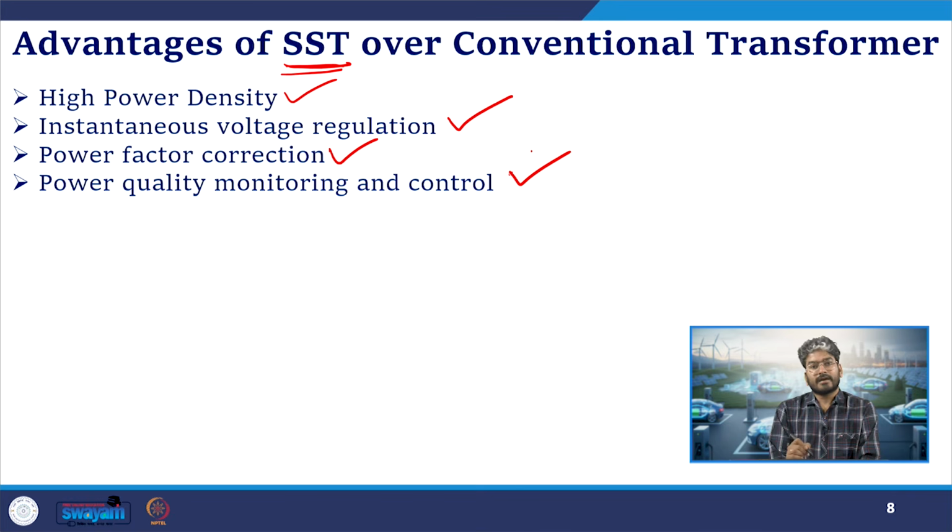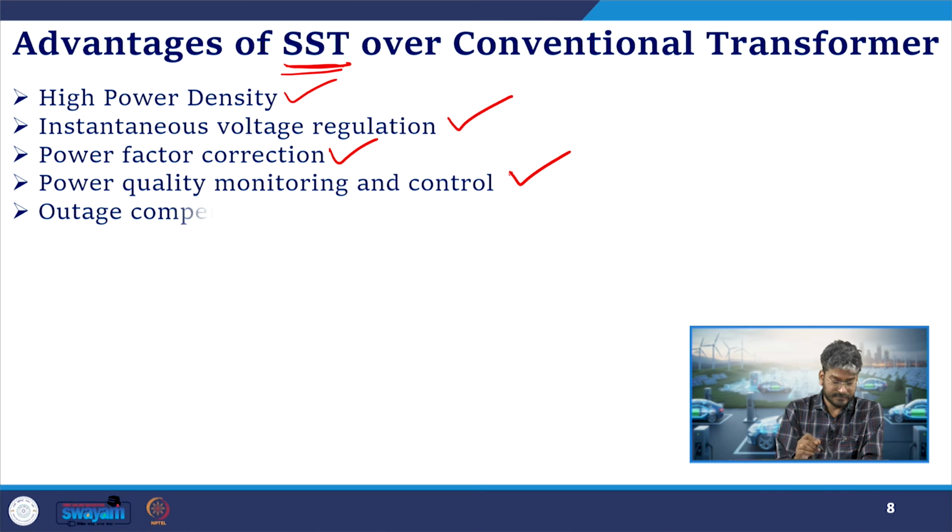Power quality monitoring and control. As we are trying to maintain the power factor on the input side, power quality will be better. What is power quality? When I have sinusoidal, harmonic free voltage at the supply, I say the power quality is better. Those things to improve the power quality can be done by your SST.